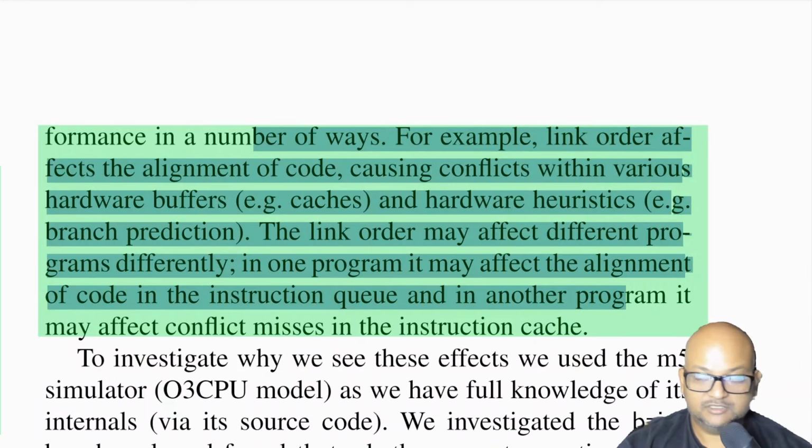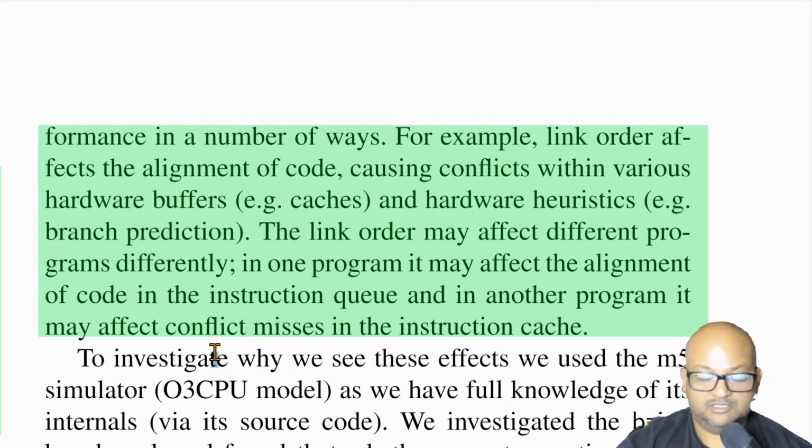So what is causing these swings? What is causing this measurement bias? If you look at the first case where we changed the order in which object files were linked, that mostly seems to be about how the layout of the code interacts with the instruction cache of the hardware, because the link order changes the alignment of the code within the executable and where that code gets loaded within the entire executable.